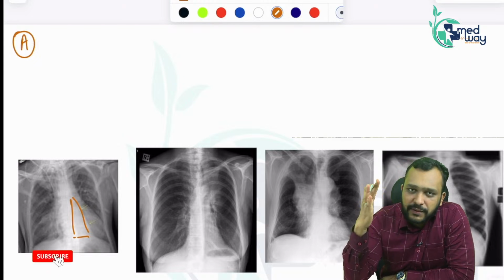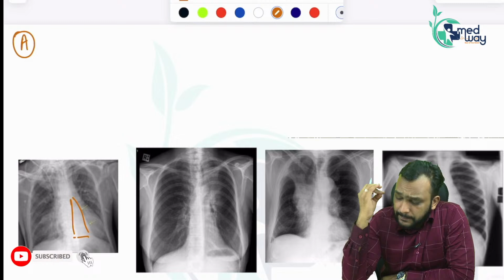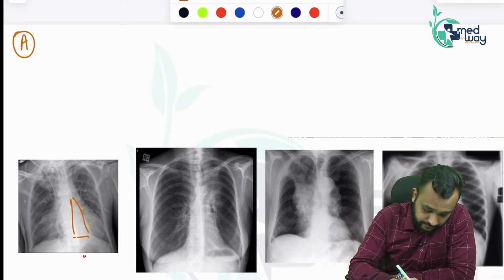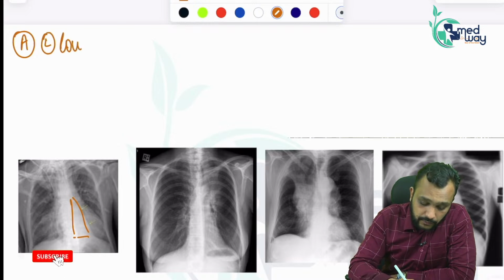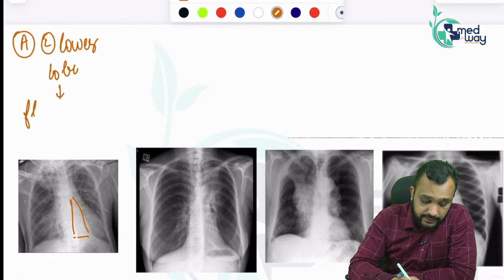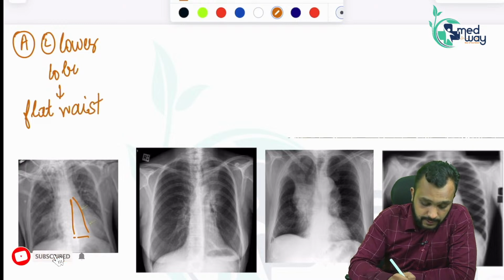This homogeneous opacity in the left lower zone behind the heart is due to the collapse of the left lower lobe. And what is the name of this sign? It is the flat waist sign.